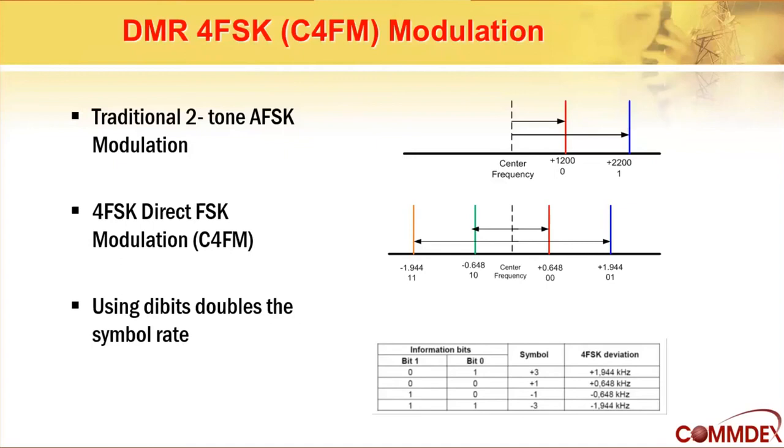Well, with C4FM, we have 2 shifts plus and minus from the carrier frequency, giving us a total of 4 possible shifts, so each one can represent 2 bits instead of 1.